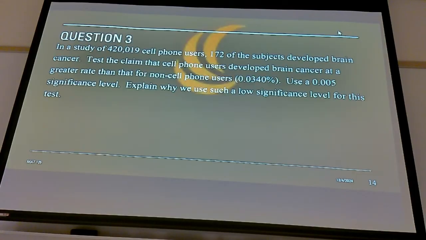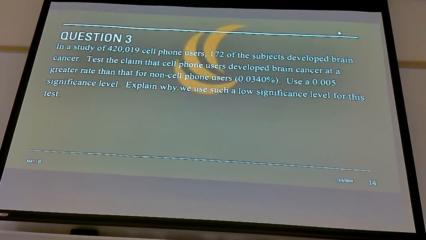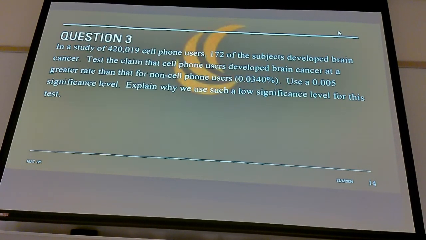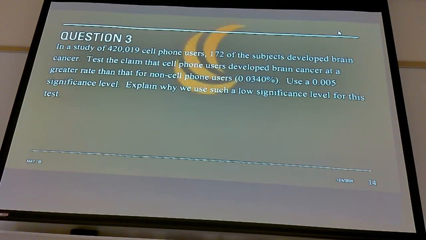Because it could change. Significance level is the probability of making a type 1 error.